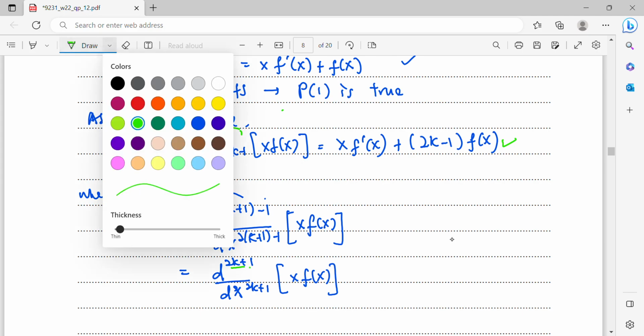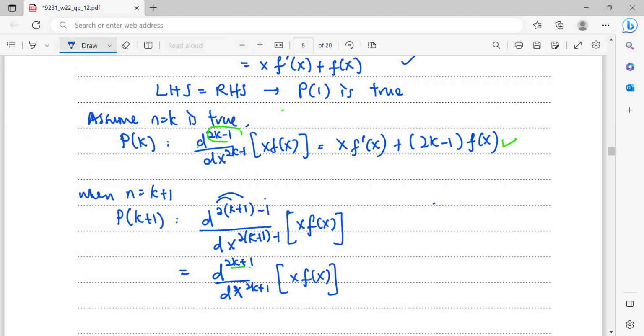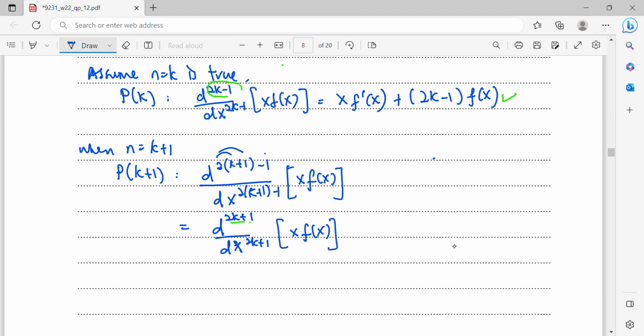Basically, I need to change d^(2k+1) to be 2 bracket 2k minus 1. So now I will write 2k minus 1 so that I can refer to this form. Then to get plus 1, I add 2 outside, over d^(2k-1) plus 2 outside.